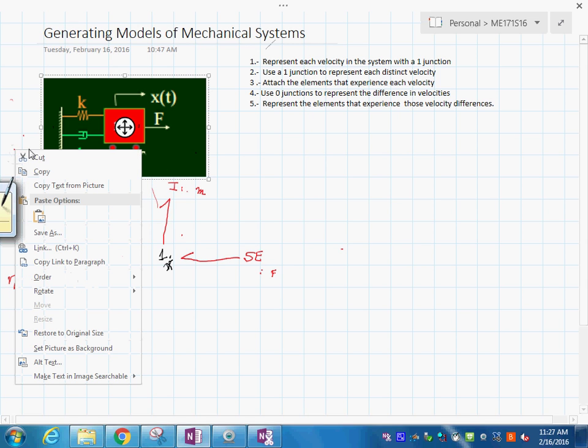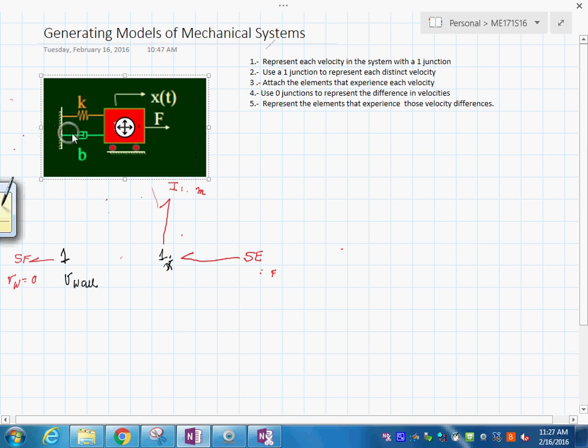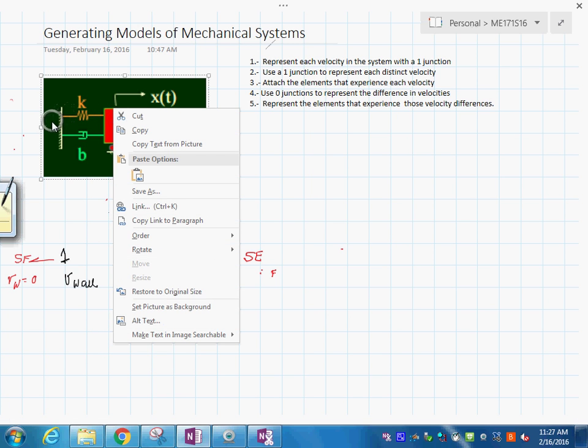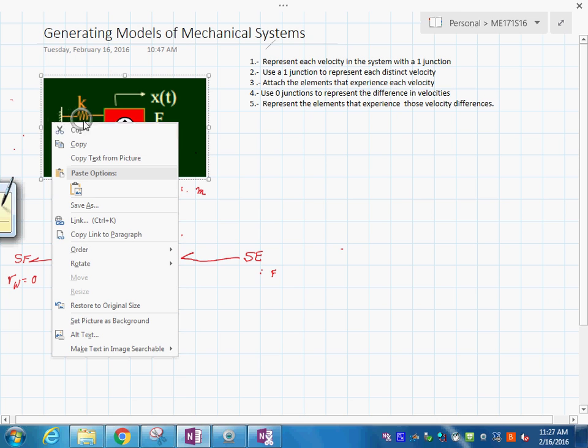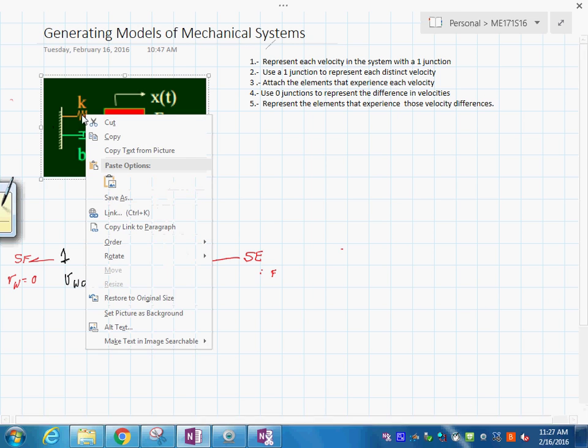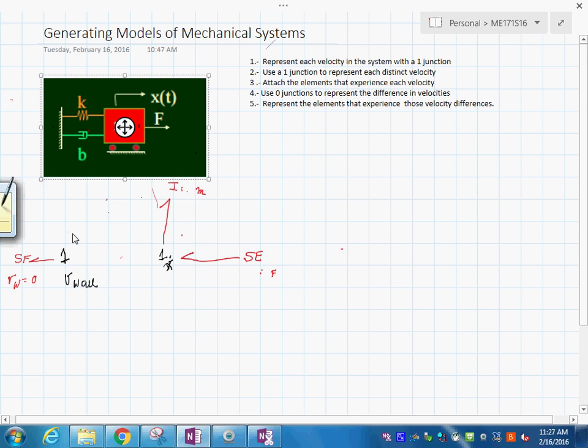So this would be the velocity x dot, and this difference is represented by another one, which means x dot minus the velocity of the wall.